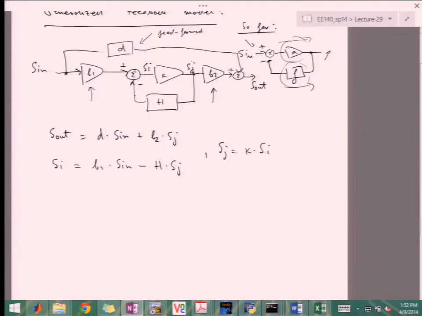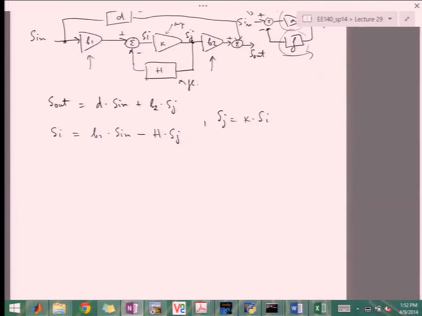So this K really should be your native amplifier, so this is the amp, and this is the feedback. But there are all these other blocks that model how these two interact when they're put in the feedback configuration.